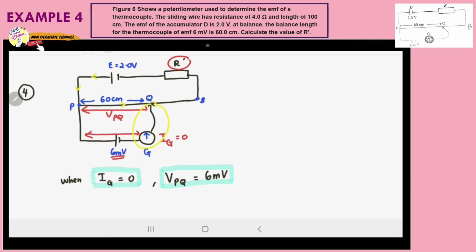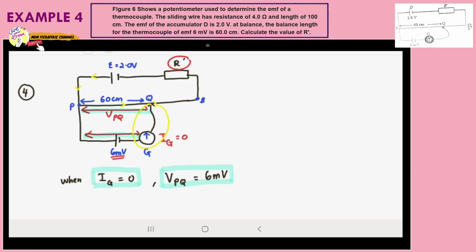Since VPQ is equal to the EMF of the thermocouple, current cannot flow downward, because current only flows from higher potential to lower potential. If it is from the same potential, from here going to here, it cannot. So now let's continue.